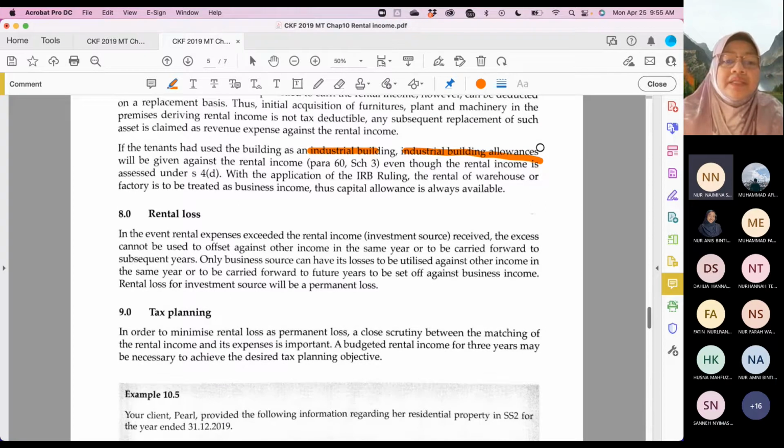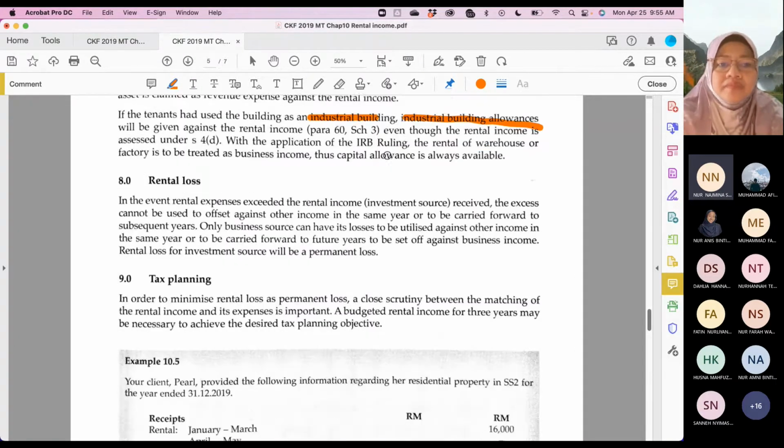The rate is similar. We have IA and AA, but the rate normally is 10% initial allowance and 3% annual allowance. So if your tenant uses the building as an industrial building, your gross income minus capital allowance, and you also have industrial building allowance. So that will further reduce your statutory income.